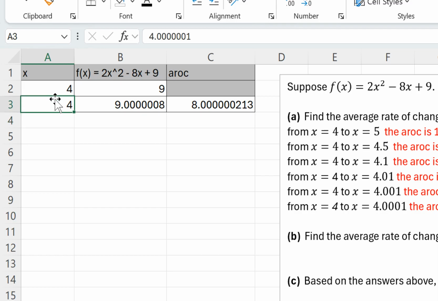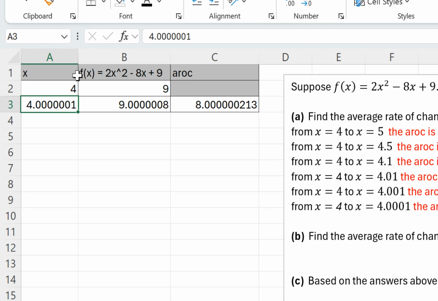Now it did that because that number, 4.000001, is too wide to fit within the column that I have. But remember, you can double click in between the A and the B to widen that column so that it fits all the numbers within the column. You're going to need to start doing that pretty regularly because you will have these values that are pretty wide, a lot of digits in these numbers.